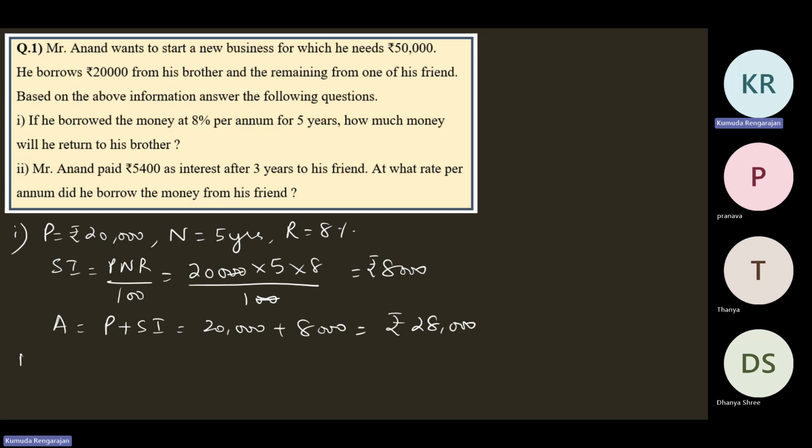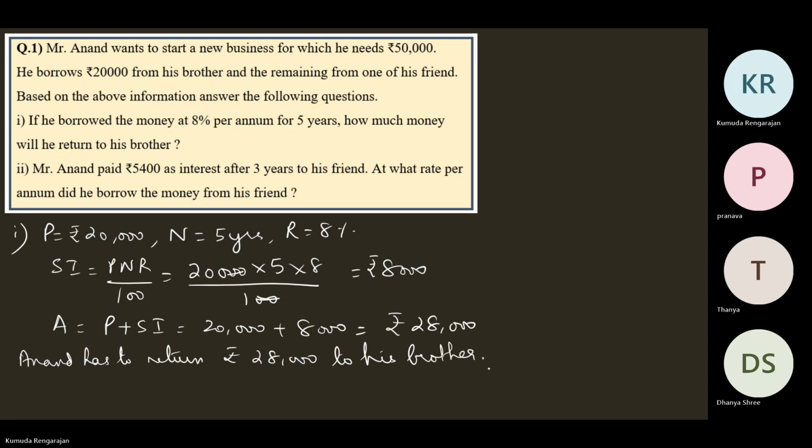So Mr. Anand has to return rupees 28,000 to his brother. Because he has taken 20,000 and on that the interest alone for 5 years is 8,000.